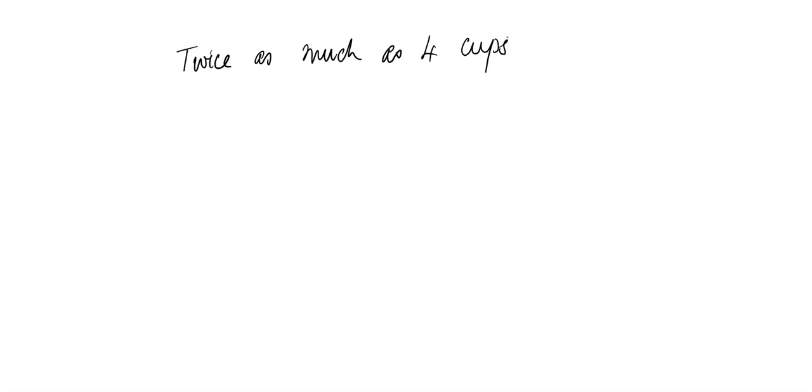So whatever she has, 4 cups of rice, she needs twice as much. So that will be 2 times how many ever cups? If there's only 1 cup of rice, then she needs 2 times that much water. If there are 3 cups of rice, 2 times 3. Here it is 4 cups of rice, so it's going to be 2 times 4, which is 8.